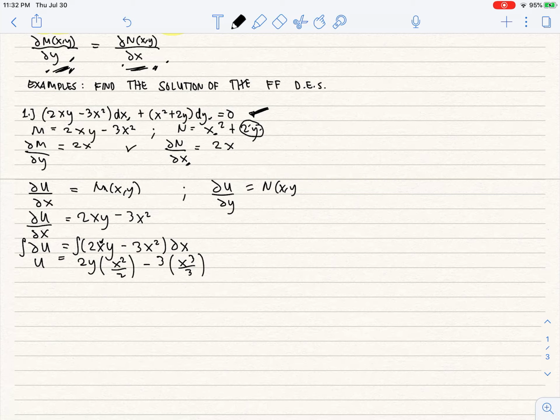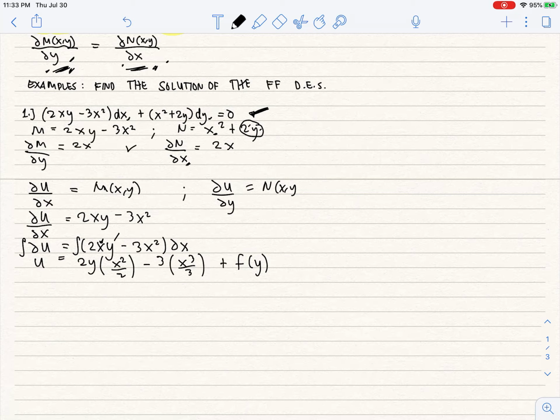Then, don't forget to add the constant of integration. Then, in this case, the constant of integration contains some value of y, di ba? Kay, ato, di ba, nga nakabutang siya, instead na c lang atong ibutang, which is constant lang, ato siyang ibutangan ng f of y, which is now considered the constant of integration, because we assume that y is a constant, di ba?